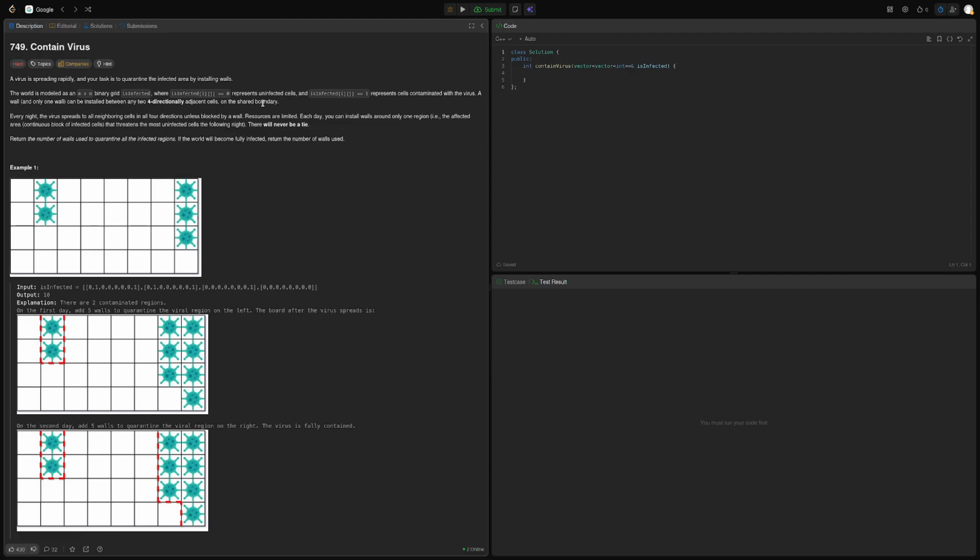A virus is spreading rapidly and your task is to quarantine the infected area by installing walls. The world is modeled as an m times n binary grid, where 1 is infected. Okay, the wall can be installed between any two 4-directionally adjacent cells on the shared boundary.